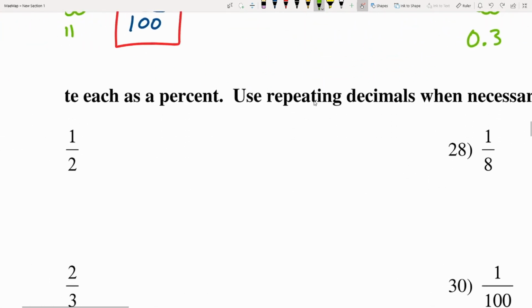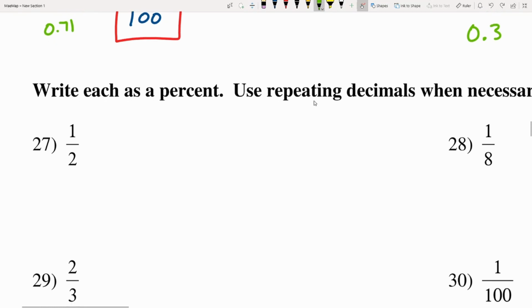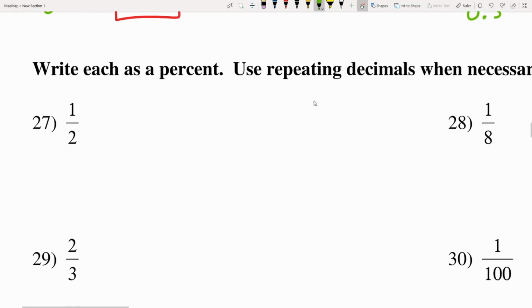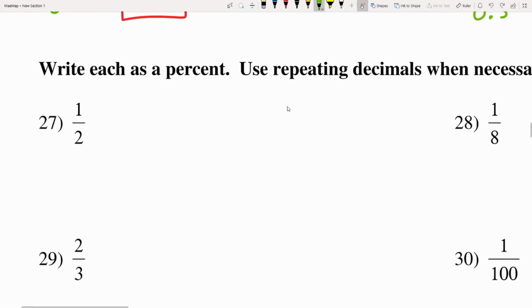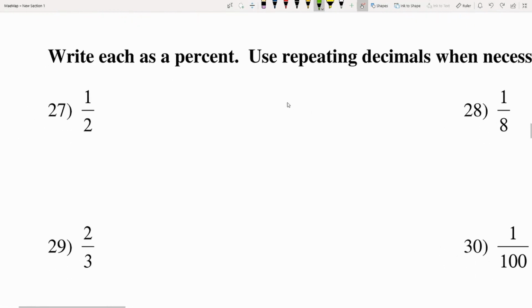Now in this next section, we're going to write each as a percent. And we're going to use repeating decimals when necessary. Now I will say a good double check is that we've done some of these problems already up above. But the way to convert a fraction to a percent is to think of it almost like a decimal. So something out of 100.